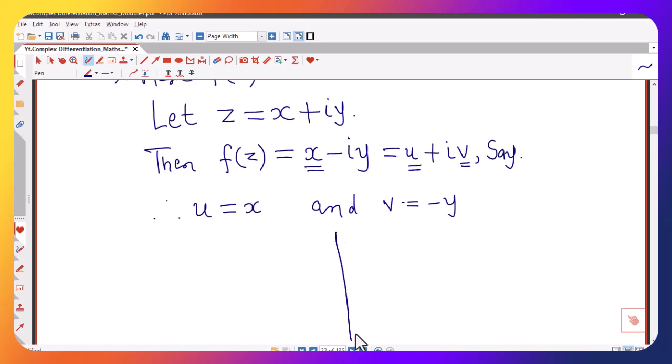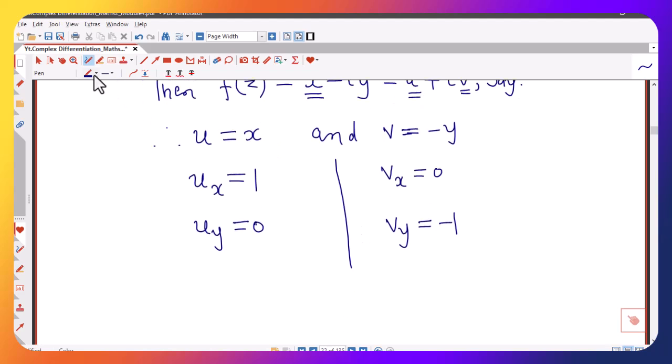Then next step is to obtain first order partial derivatives of u and v. Here del u by del x is 1 and del u by del y is 0. v is minus y, therefore del v by del x is 0 and del v by del y is minus 1.